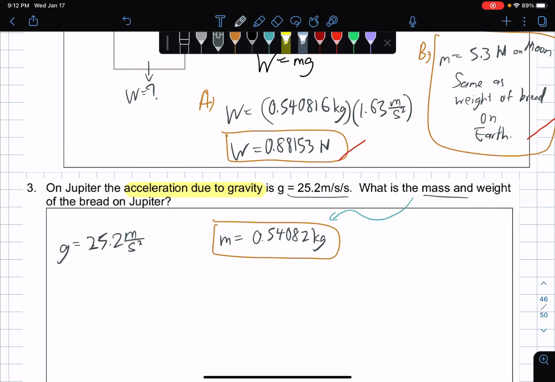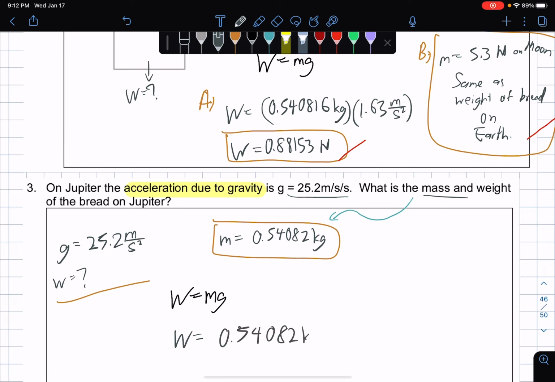So it's that. And for the weight, we'll use the formula W is equal to mg. Mass is going to be 0.54082 kilograms. And the gravitational acceleration is 25.2 meters per second squared.